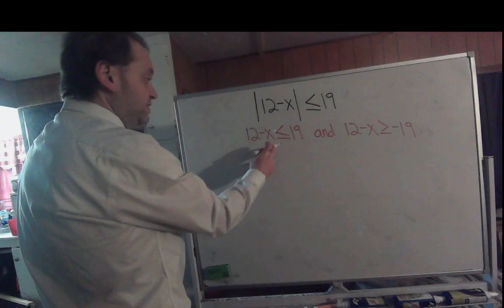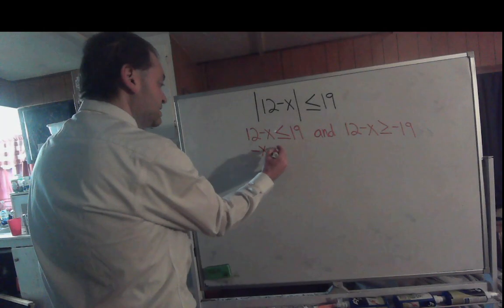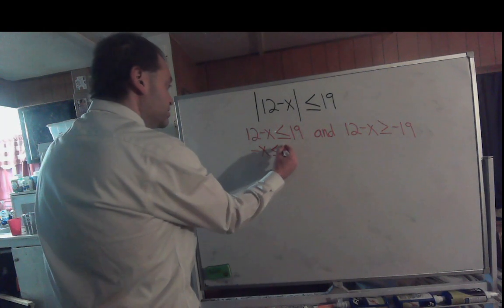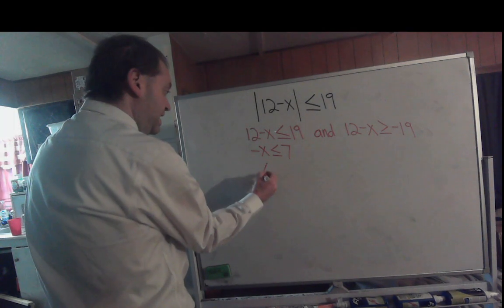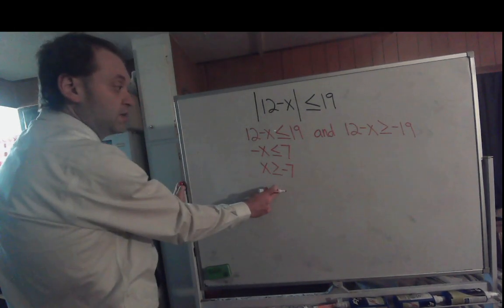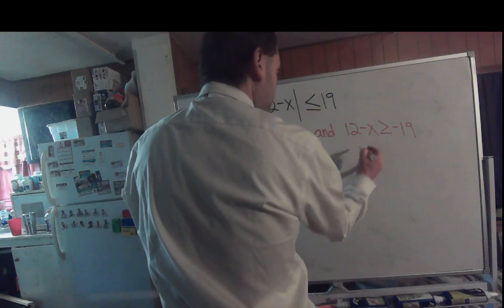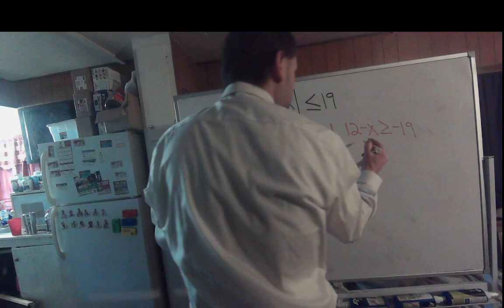So now solve these inequalities. You would get that -x is less than or equal to 7, which now will flip the sign. You'll have that x is greater than or equal to -7. Now come over here, you would end up having 12 minus x is greater than or equal to -19.